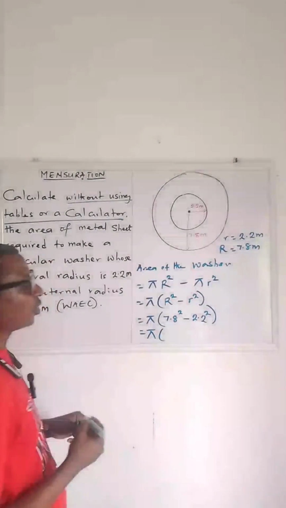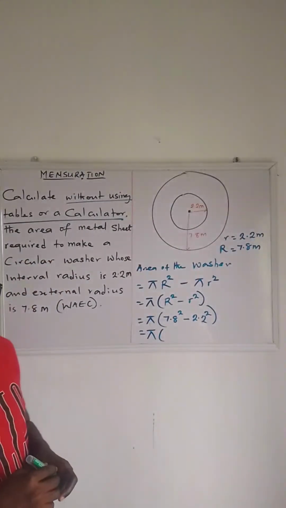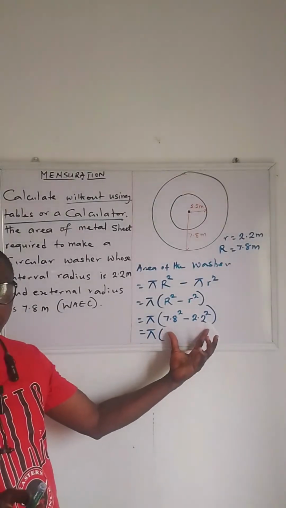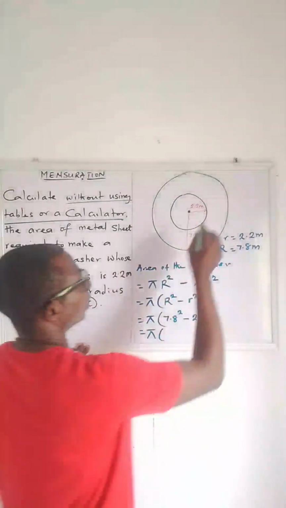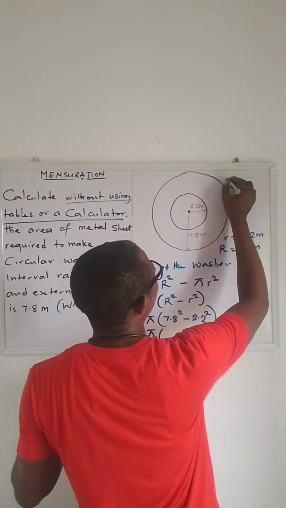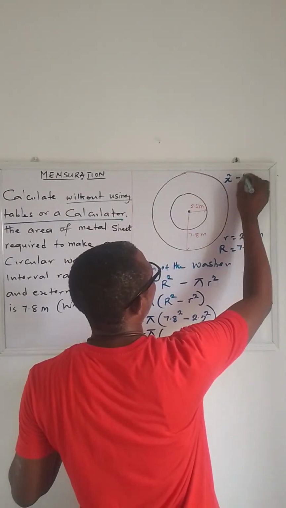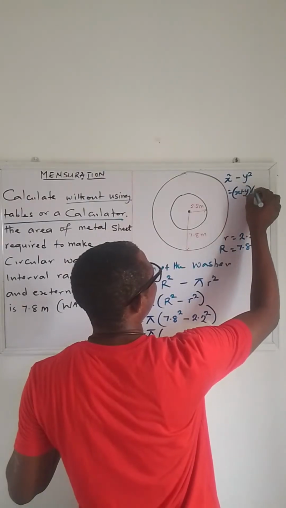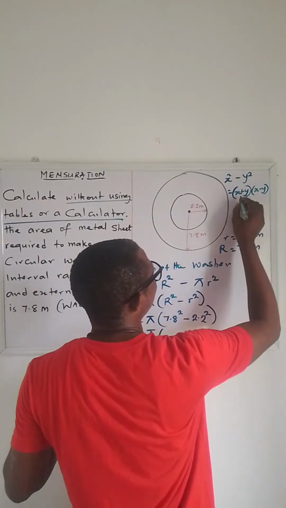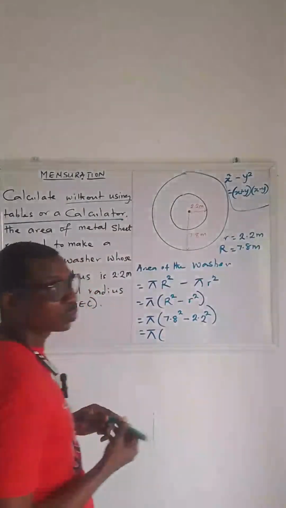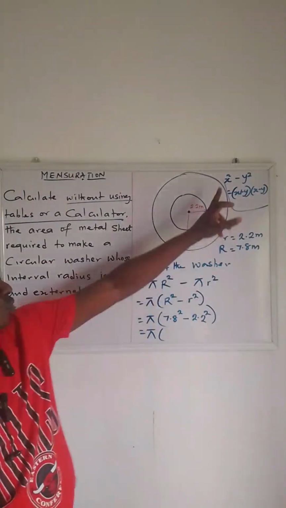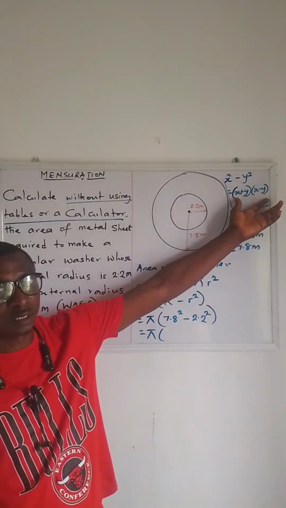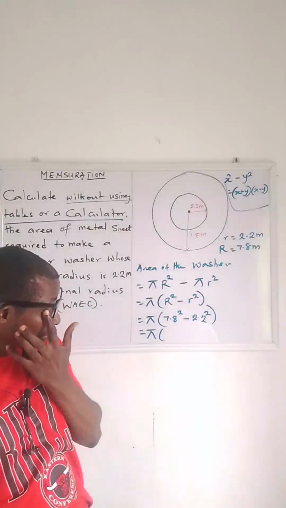Now I'm going to make use of the difference of two squares because I'm told not to use a calculator. So look at it. If I have x squared minus y squared, the result is x plus y times x minus y. This is the difference of two squares. The same thing I'm going to do here.